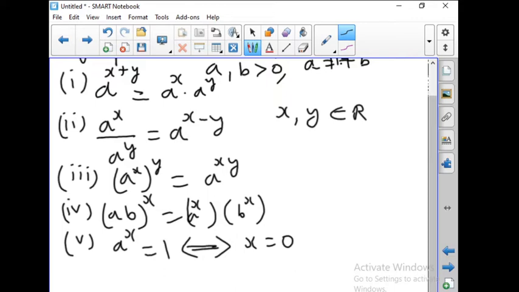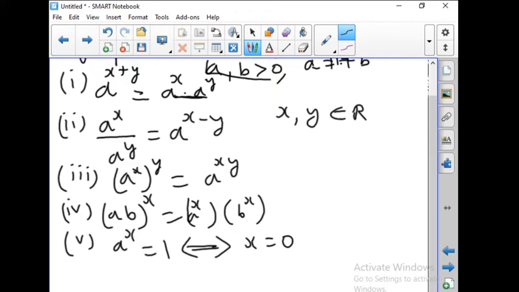So see the first property, a power x plus y is equal to a power x into a power y. That is, when the bases are equal, we add the powers in case of multiplication.